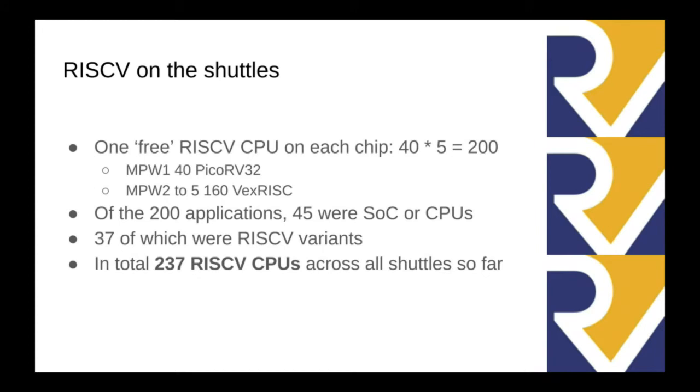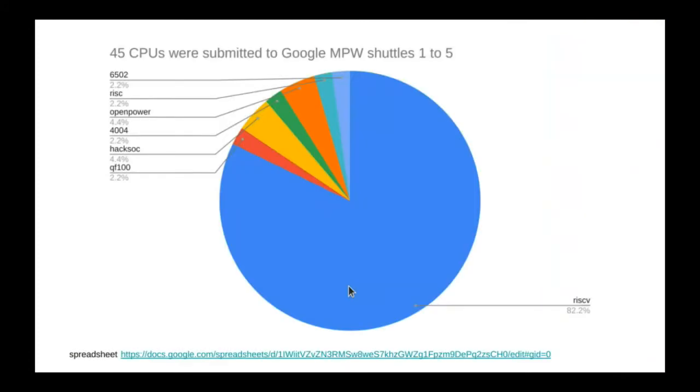The first one was Pico RV32, and then from MPW2 to 5 was VexRISC. Out of 200 applications, the user area included 45 SoCs or CPUs, and 37 of those were RISC-V variants. So I've got a breakdown here.